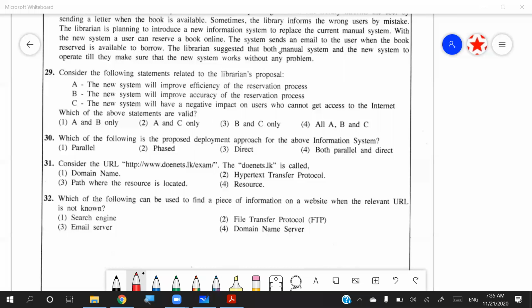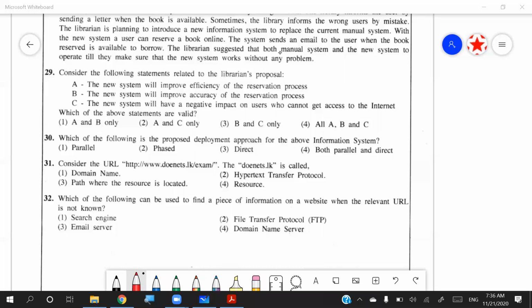And the second way is the parallel deployment. In parallel deployment, what we are doing is the old system and the new system are running for a certain amount of time, right? So they are going together.